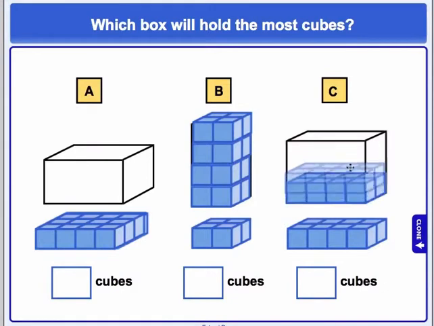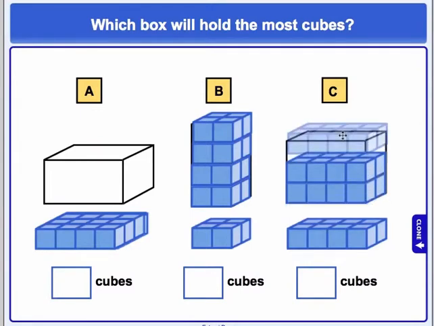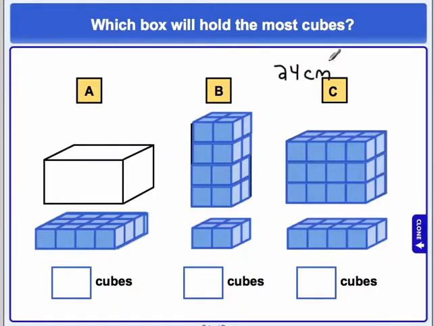If I put another floor on, I'd have 16 cubes and then 24 cubes, and they can fit in there without overlapping. So the volume of that is 24. Let's say those were cubic centimeters. It'd be 24 centimeters cubed.